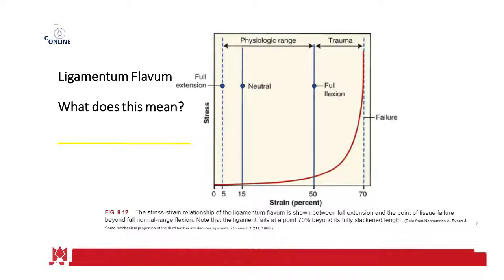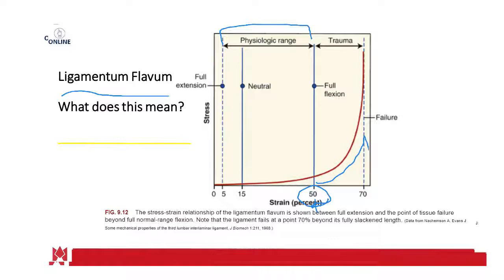Okay, back to the ligamentum flavum. Here is a graph depicting its stretchiness. You have the physiological range here, at 50% strain, which is actually a lot for other ligaments, because the elasticity allows 50% strain of the tissue.